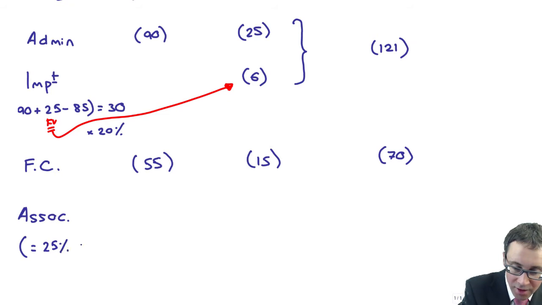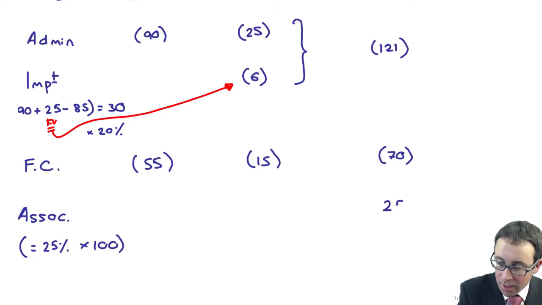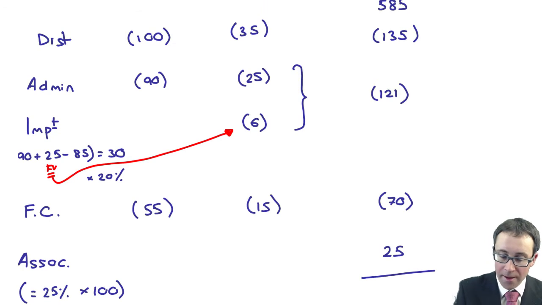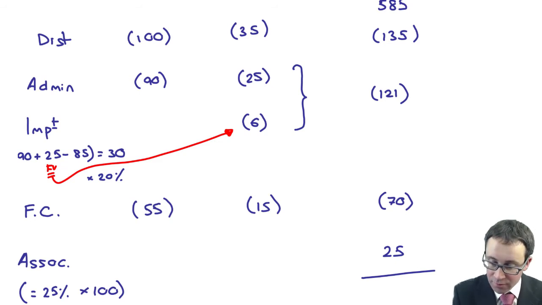So it's just 25% of 100. Okay. So we can throw in the 25 there. PBT 585 less 135 less 121 less 70 plus 25 gives me 284. Okay.